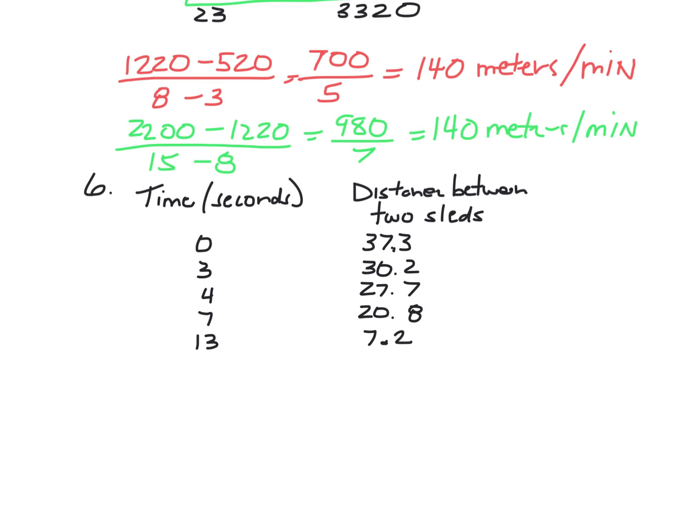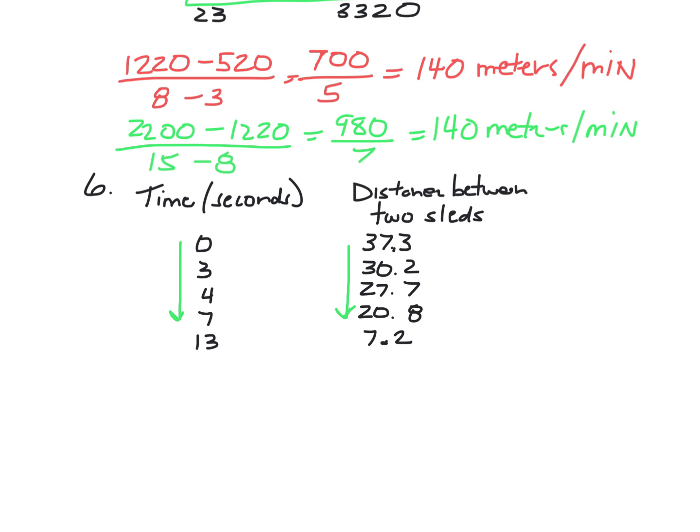Next one here, this is number 6, talks about the time in seconds and the distance between two sleds. You can see here as the time is going up, the distance is going down. So we're talking about a negative slope or negative rate of change.